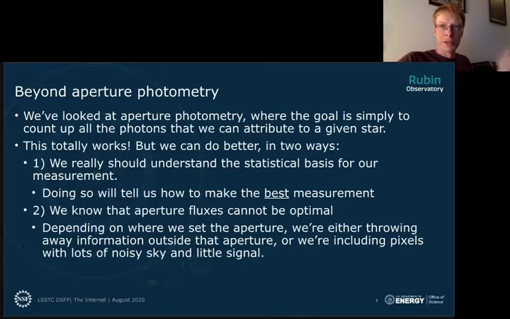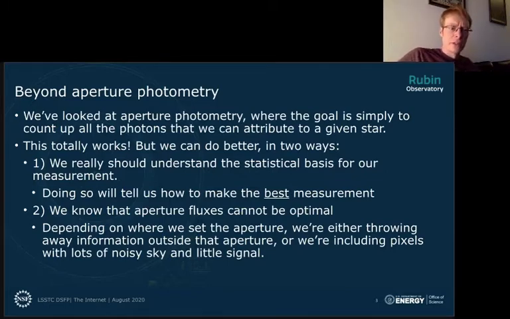You're losing that information. But if you try to capture that by making your radius very large, then you're starting to include a whole bunch of noise, which also doesn't seem optimal. So there must be something that's more precise than this.